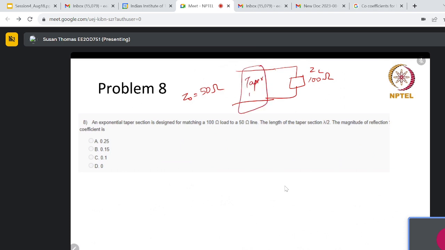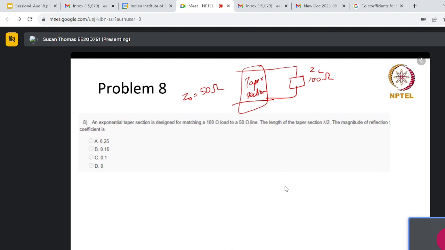So it means an exponential taper section. I hope you understand what an exponential taper section is. It's like a line which has varying width. So the length of that line is given as lambda by 2. That taper section is designed such that it will match 100 ohm to 50 ohm.